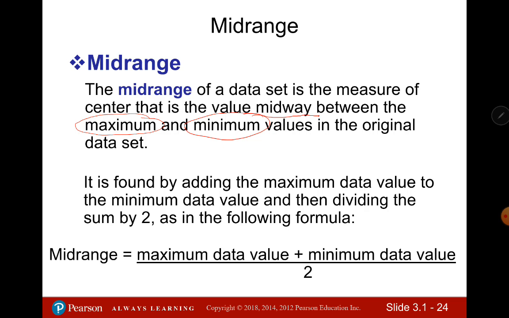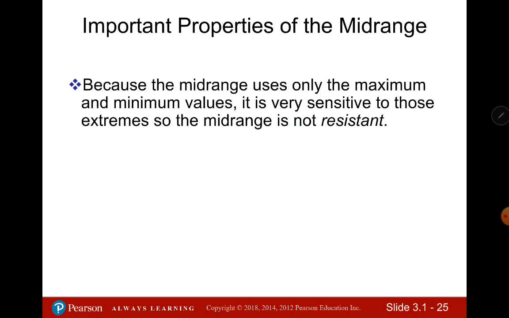This measure only uses two values of a whole data set. Because it just uses two values, it's very sensitive. Very, very sensitive. So it's not resistant.